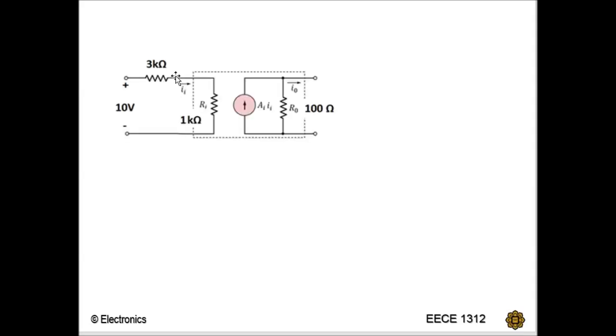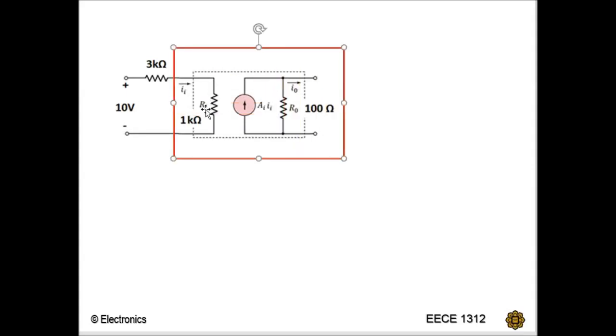So let's look at the solution. The first part is for you to draw the schematic. The schematic is this part. This is your current amplifier. The input side has Ri and the output side has R0. The one that might be difficult for you to realize is the input signal.